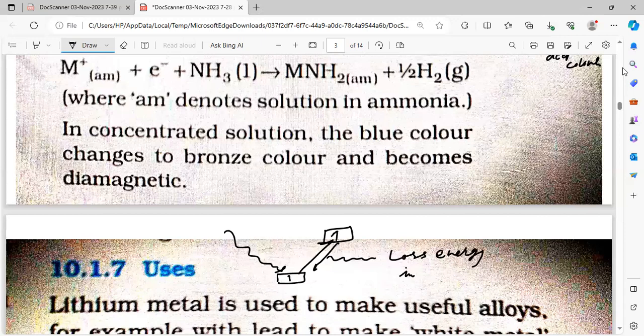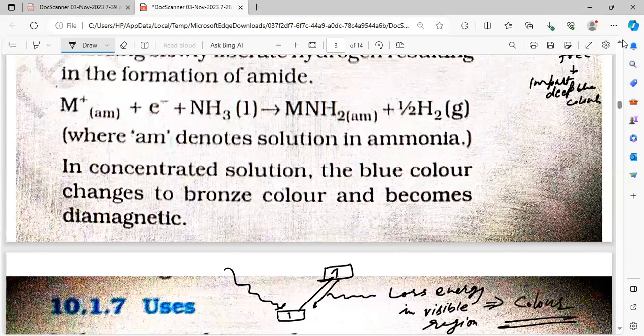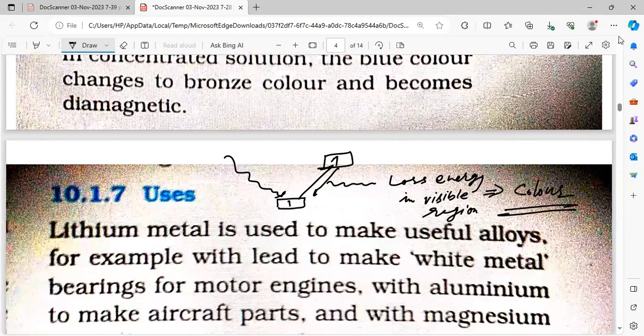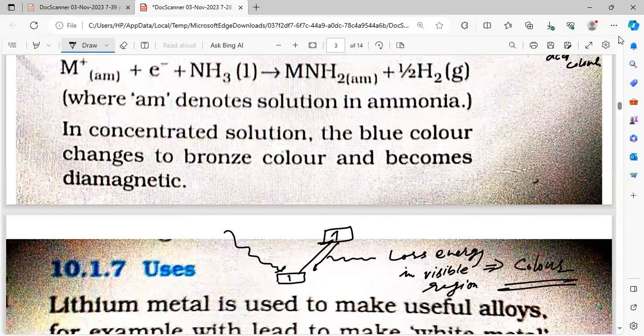Loss of energy in the visible region. So what will be there, student? This is the color. Not able to understand? You study Bohr's atomic model. The electron is there in the first orbit. If it absorbs energy, it will jump to a high energy orbit.